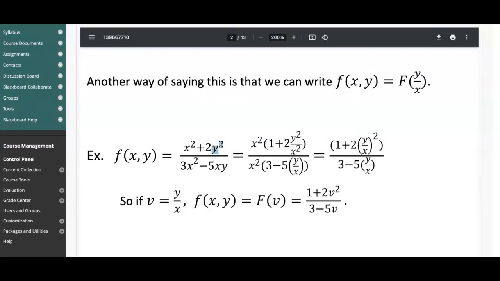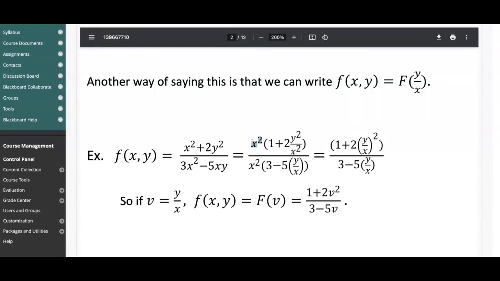Because we factor out x squared, we have y squared divided by x squared. So x squared becomes 1, 2y squared becomes 2y squared divided by x squared. Same thing for the denominator. We factor out x squared. Then inside the parentheses, 3x squared becomes 3, negative 5xy becomes negative 5y over x.